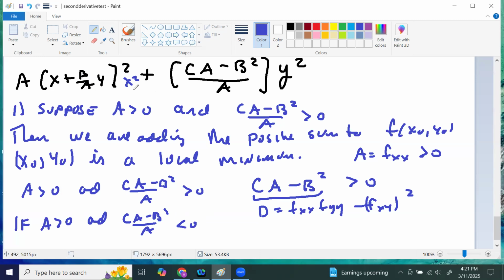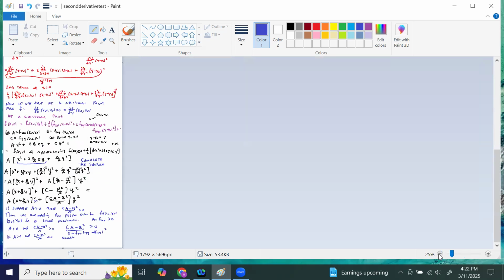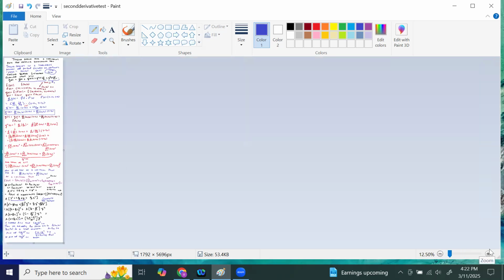But if we let x equal 0 and move in the y direction, we're going to get more negative because this coefficient here is negative. So this is a saddle. But let's just take a look here, see if there's any more room. There isn't.